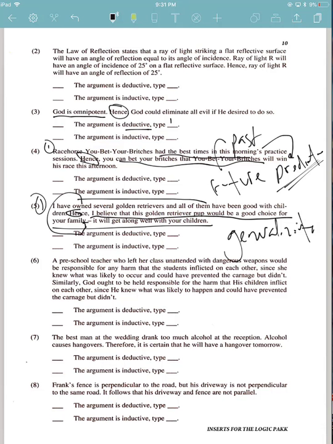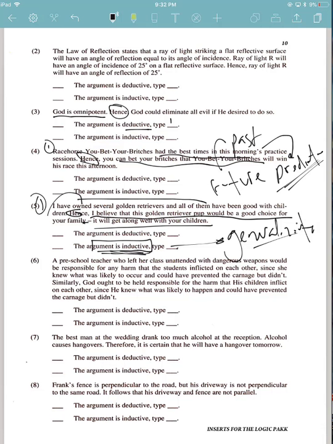So as a generalization, it's inductive. But let's say you thought this was a prediction, just for fun. Either way, on the exam, you would get it right because you would put inductive. But on the homework here, you would get it wrong, because it actually is a generalization.